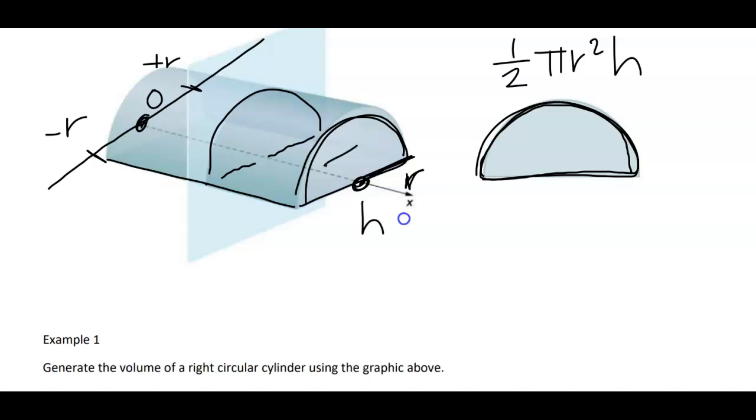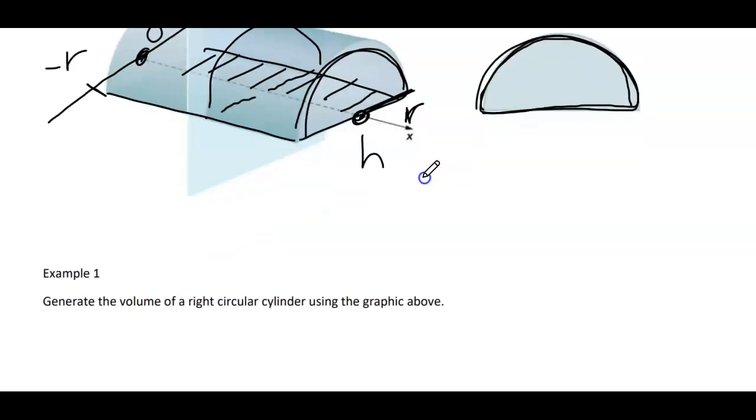Now that radius stays the same the entire time, so my radius is constant. Sometimes your radius is a function of x, so it might change, but this is the line y equals positive r. And so it's going to be a constant.